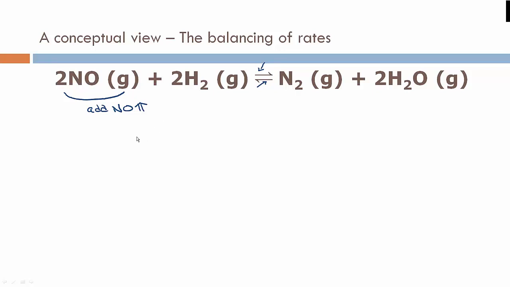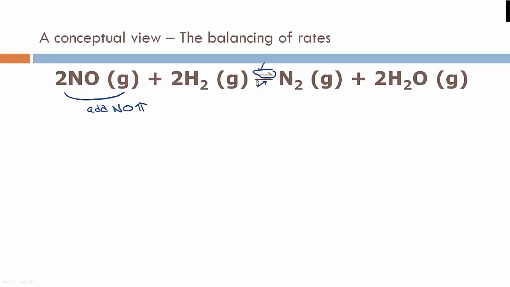That means increasing the concentration or the pressure of the substance. What's that going to cause to happen to the rates? Well, if you think about it, increasing concentration generally increases the rates of the reaction. This arrow will get bigger in response to that change.